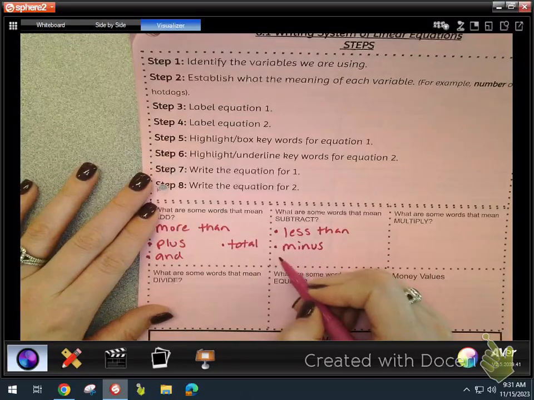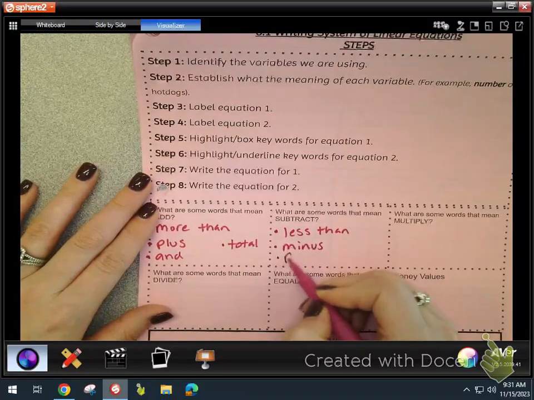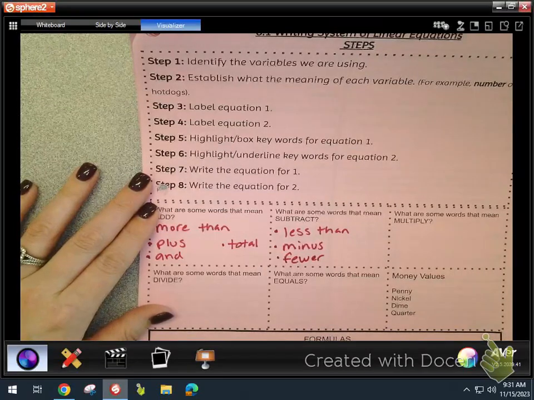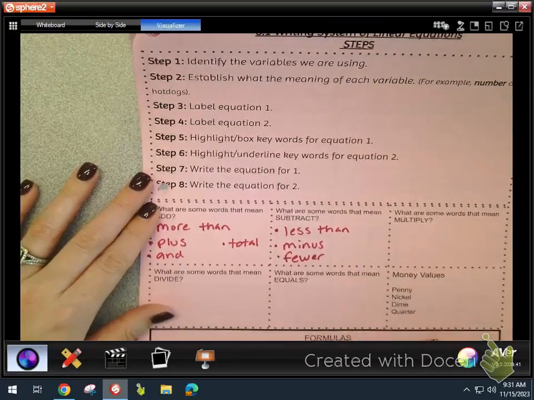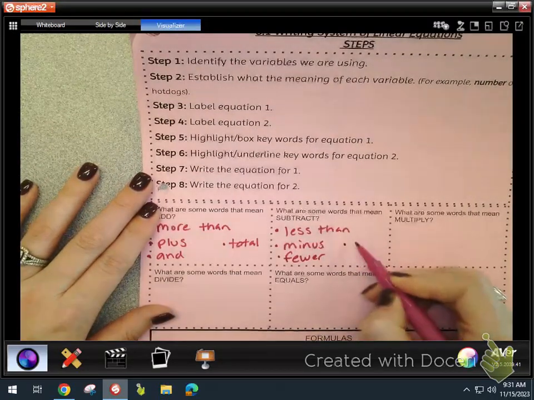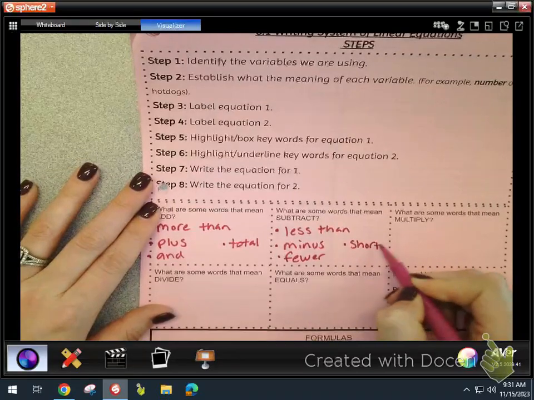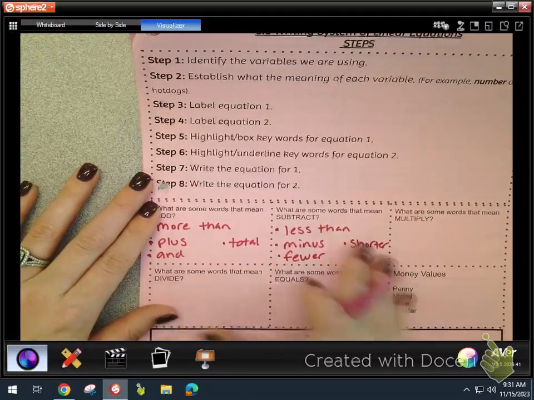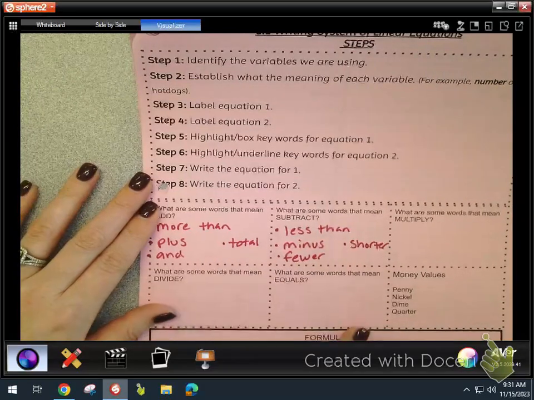Another one could be fewer. You know, you're ordering 5 fewer hot dogs than hamburgers. That means you need to do a subtraction. Shorter, if you're talking about like perimeter and stuff. Those are all indicators that it's going to be a subtraction problem. All right.